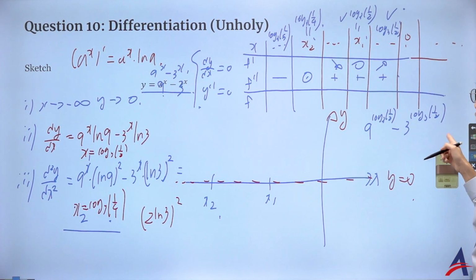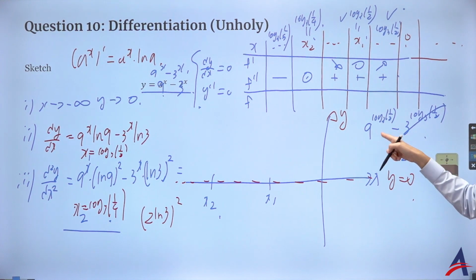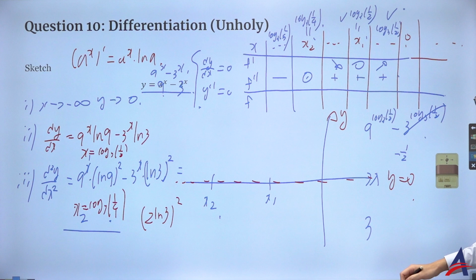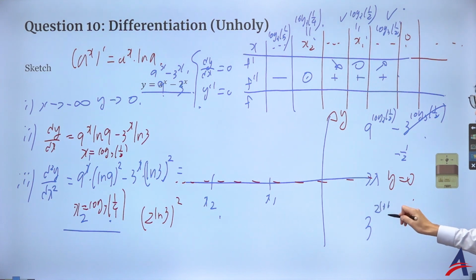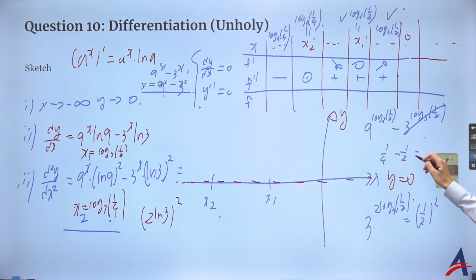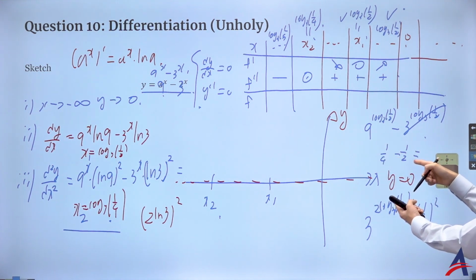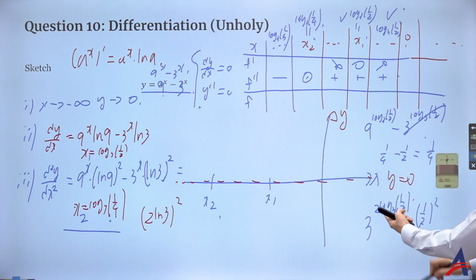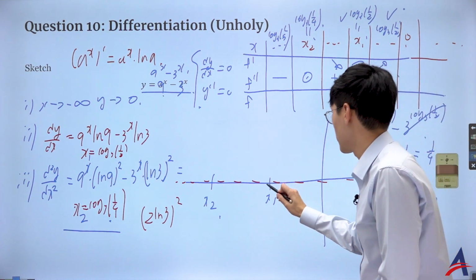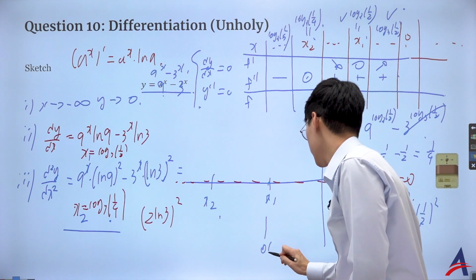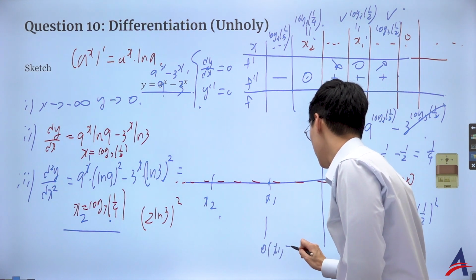So let's indicate the value. That second term is just going to give you half. On the first one, that's going to be 3 squared to the log base 3 of a half, which is 1 over 2 squared, so that's a quarter. So that gives you a negative quarter. So at x1, I'm going to have x1 comma negative quarter.